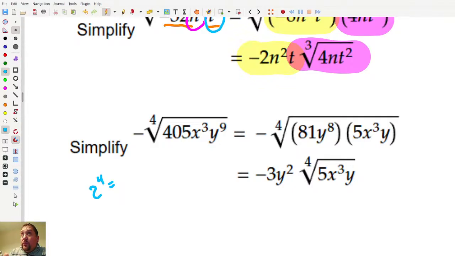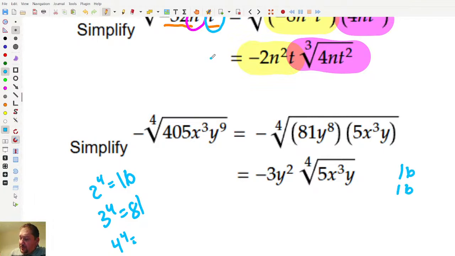2 to the 4th, 2 times 2 is 4 times 2 is 8, 16. My bad on that. 3 to the 4th, 81. 4 to the 4th, that's getting a little bit challenging. 16 times 16, since this is 4 squared and that's 4 squared.